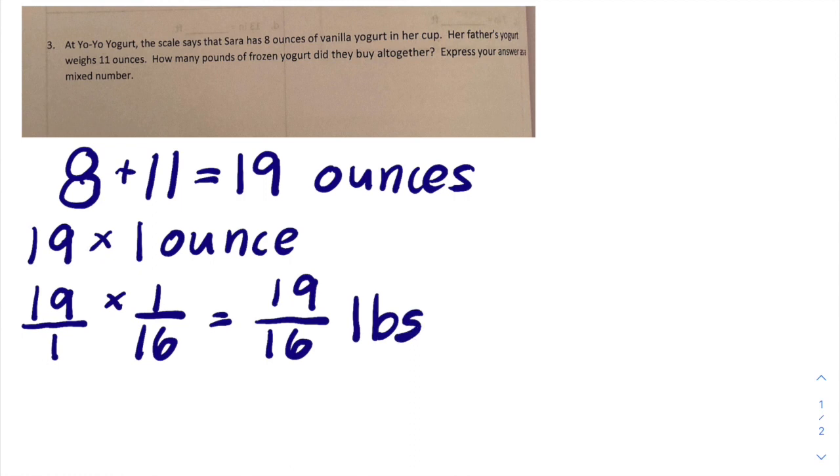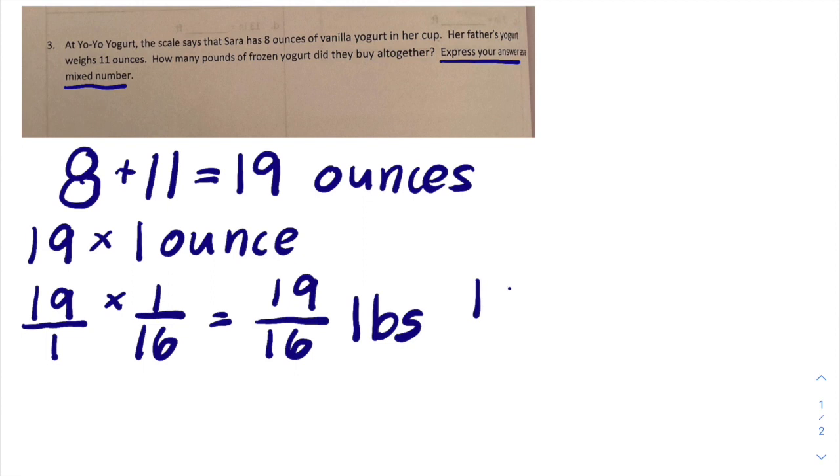But this question says express your answer as a mixed number. So how do we change 19 over 16 into a mixed number? Well, let's see. We know that there's at least 1 pound in here, because 16 over 16 would be 1 pound.